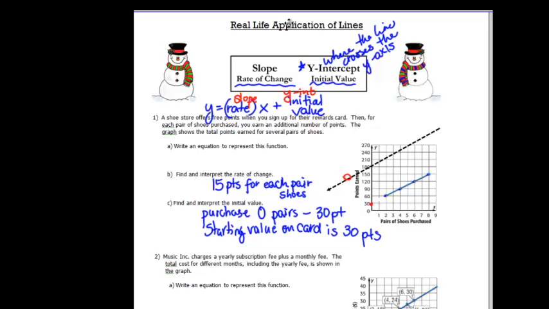So if we look at this particular equation, what is my slope or my rate of change? It's 15 over 1, 15 points for one pair of shoes. So it's going to be y equals 15x plus, what did we say the initial value was? The initial value was 30.